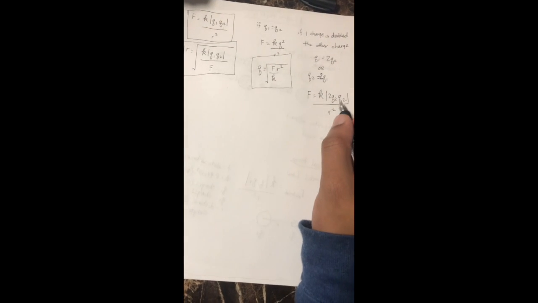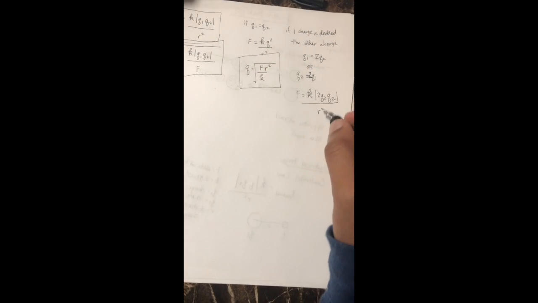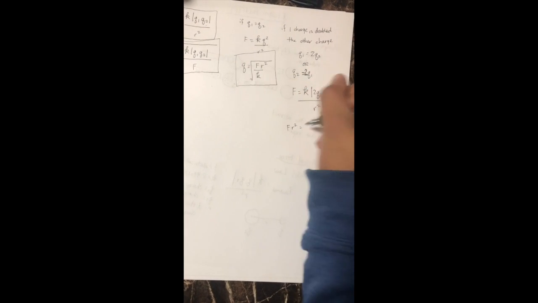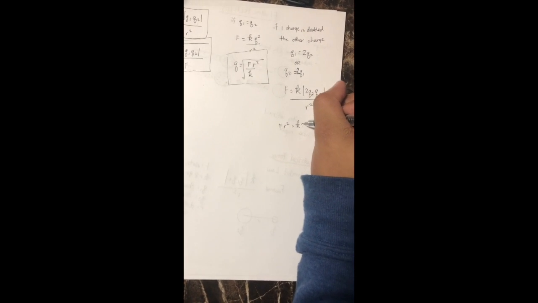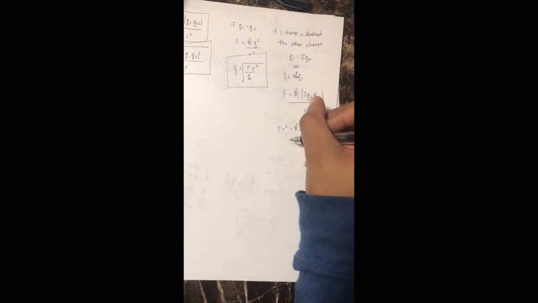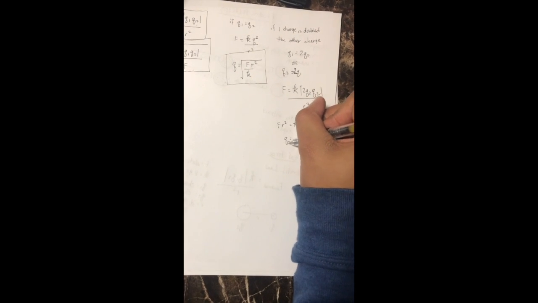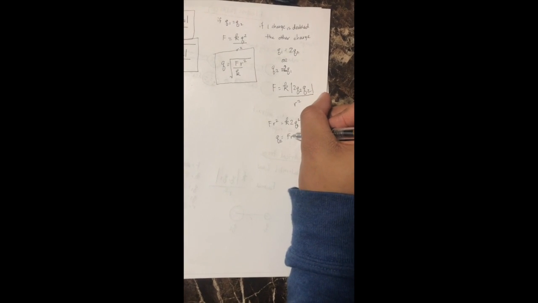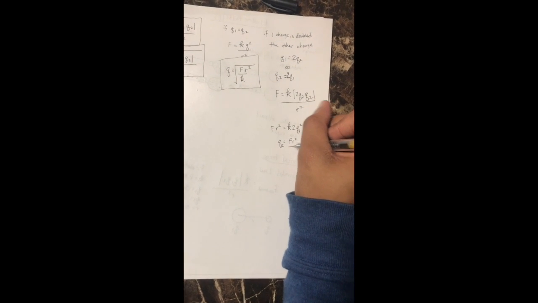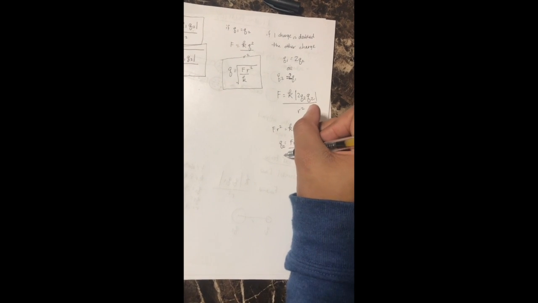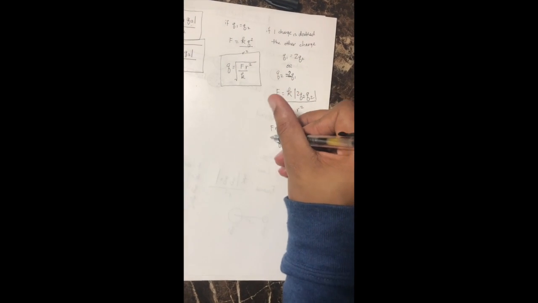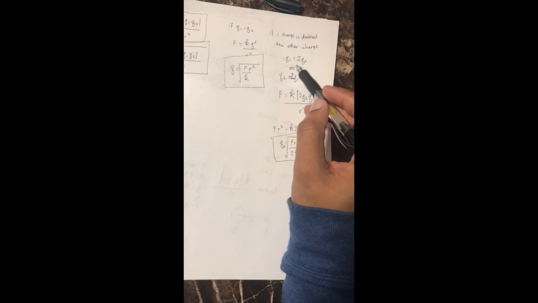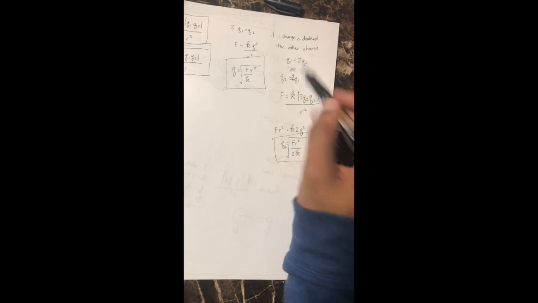Now solving for Q2, I'll get Q2 would be equal to F R squared divided by 2K, then take the square root of that. And then to find Q1, I can just plug this back into there.